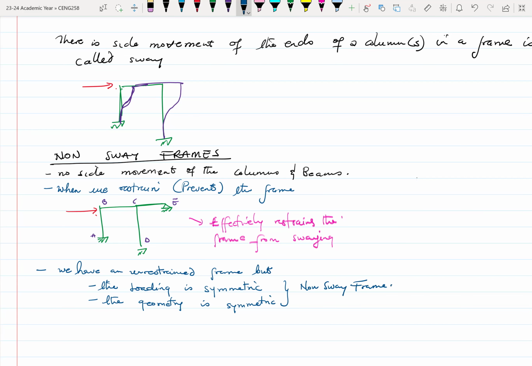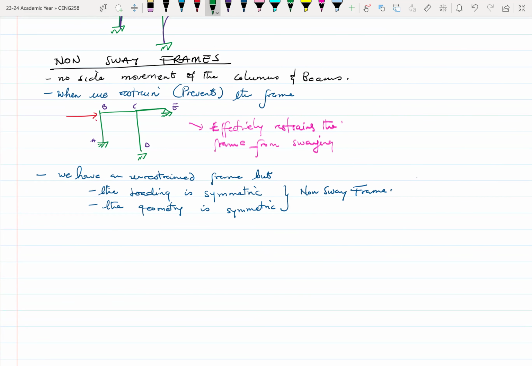Okay, so here is an example. I have this frame here. If I place a load right at the midpoint, so that this length here, L1, is the same as this length here, L1, the load is right at the midpoint.